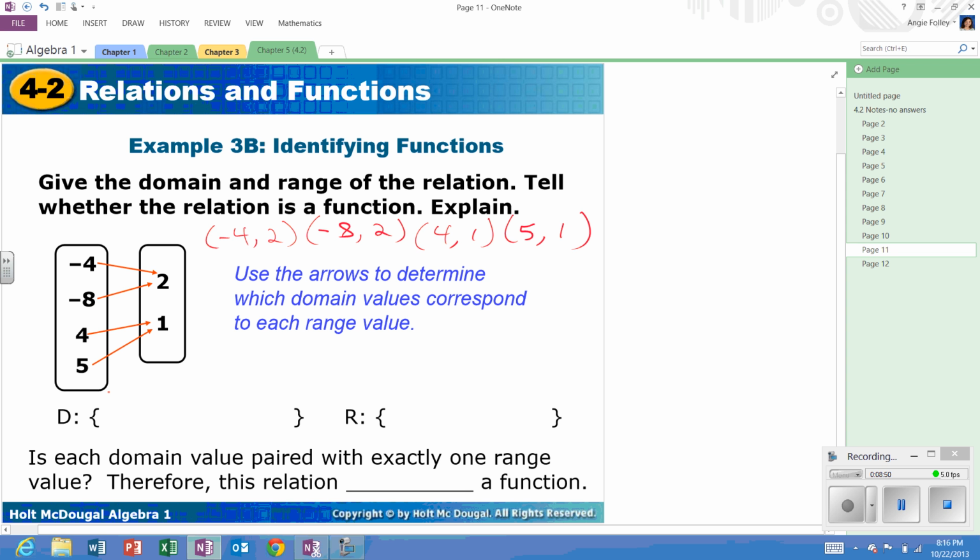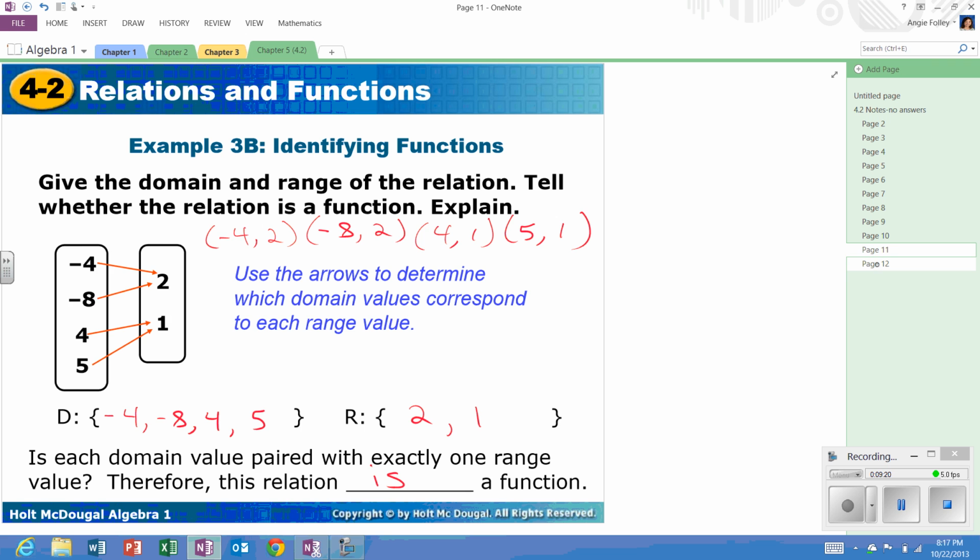Now my domain is all of my x values, -4, -8, 4, and 5. And my range is all my y values. Well, there's only 2 and 1. Now let's check. Do I have any repeating x's? Well, if you notice, I don't. I do have repeating y's, and that is okay for a function. You just can't have repeating x's, so this is a function, okay?